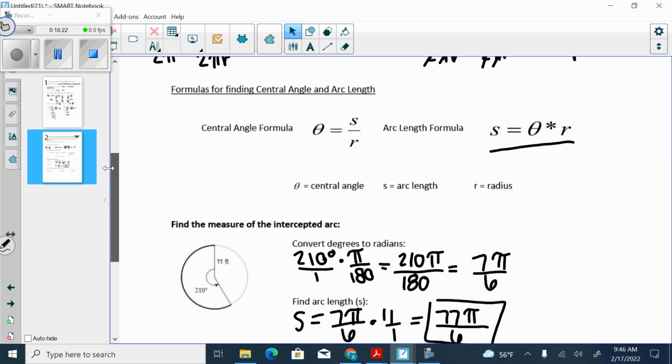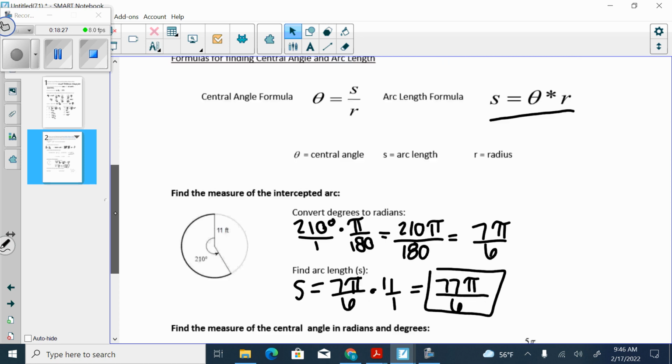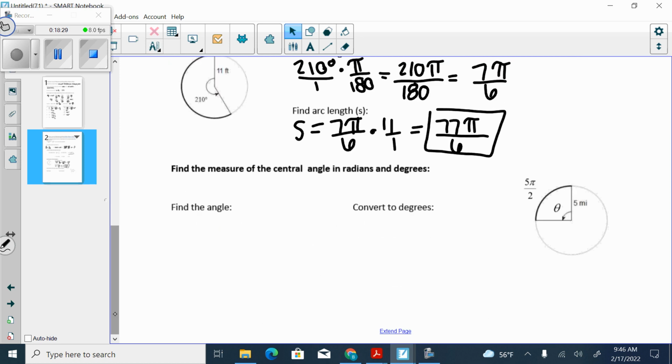Our formula for finding the angle is theta equals S over R. So we are looking for theta, and this is equal to S, the arc length, which they said was 5 pi over 2, divided by R. What's R?